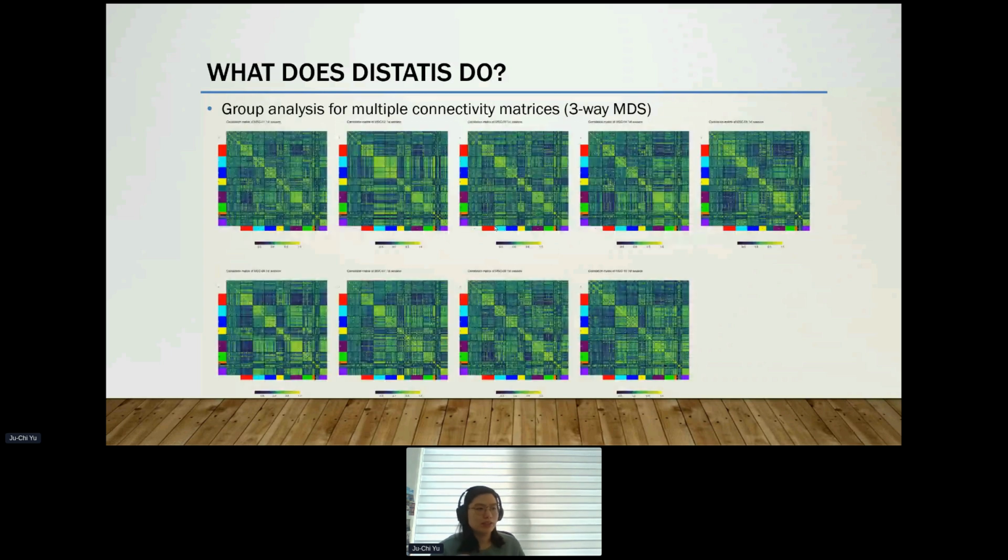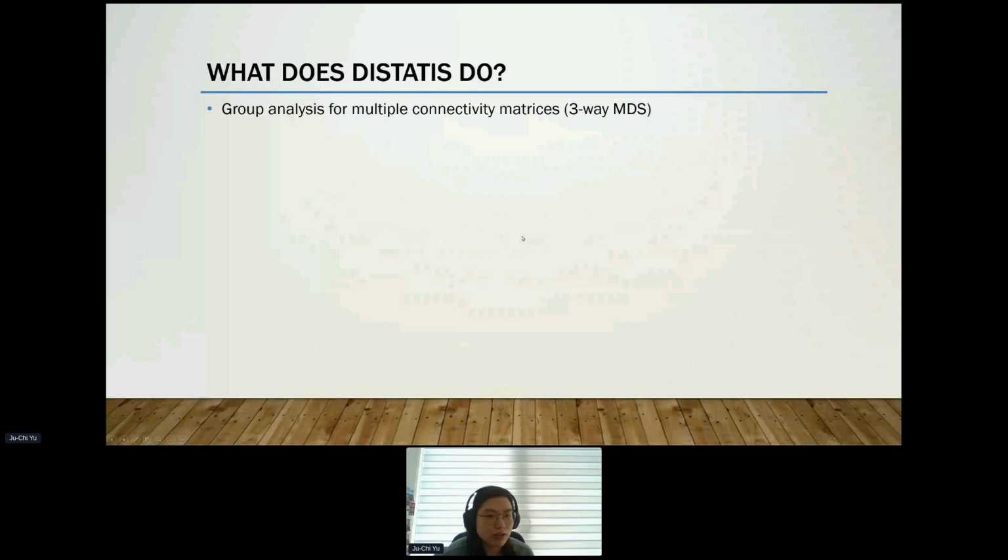So for example, if you have 9 participants and you scan resting state functional connectivity, and these are their connectivity matrices. One thing to be aware of is that when you analyze these matrices, you need to have matching dimensions. So the rows and the columns need to be the same across all tables. It doesn't necessarily have to be participants.